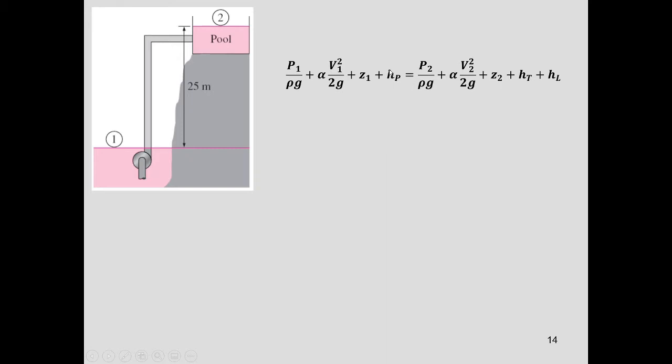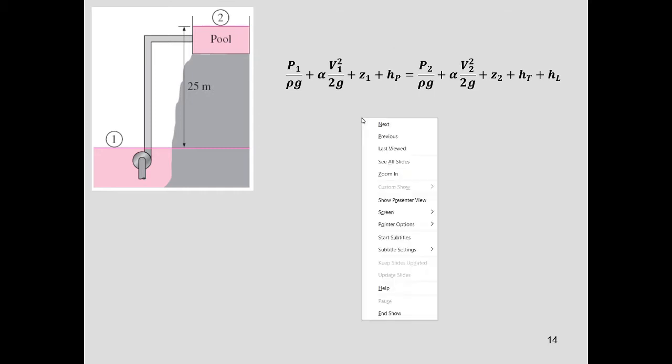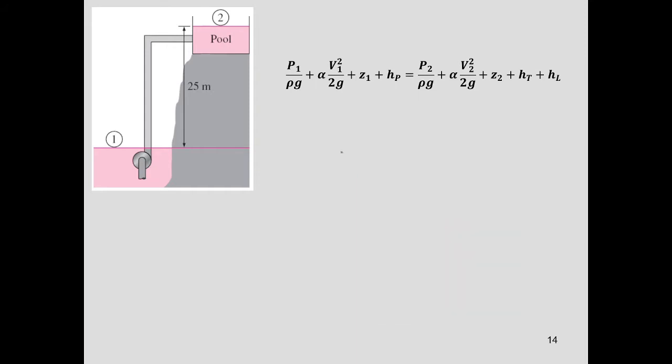First, this is the general power equation, and for this case we need to consider the first point and the second point. The first point is at the surface of the lower reservoir, and the second point is at the surface of the upper reservoir.